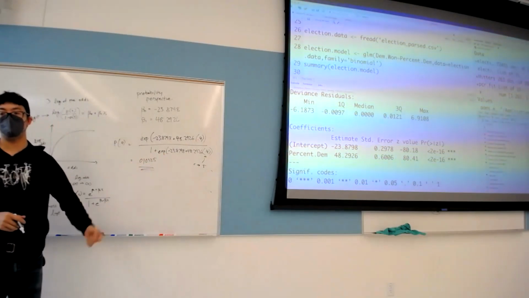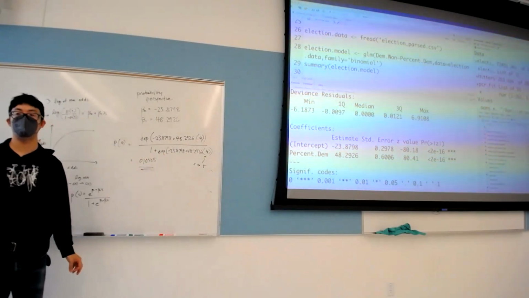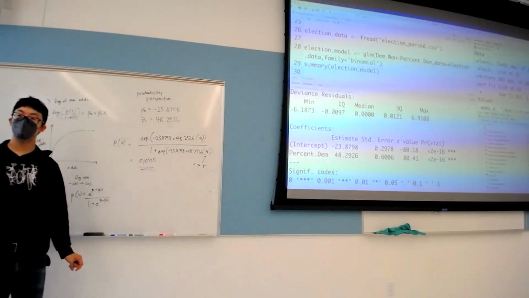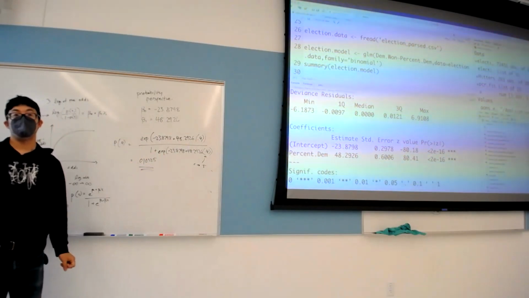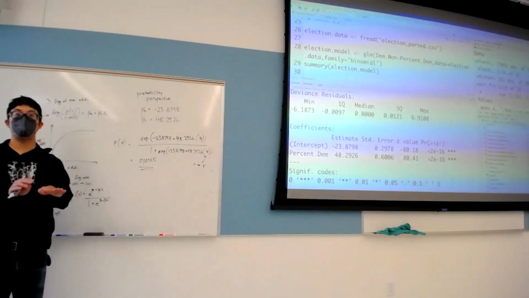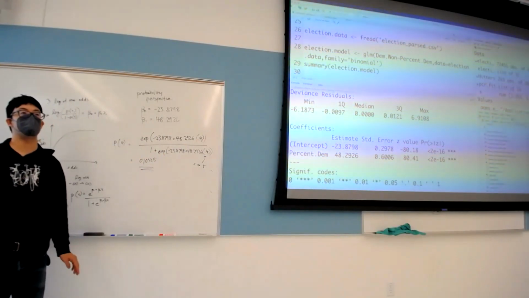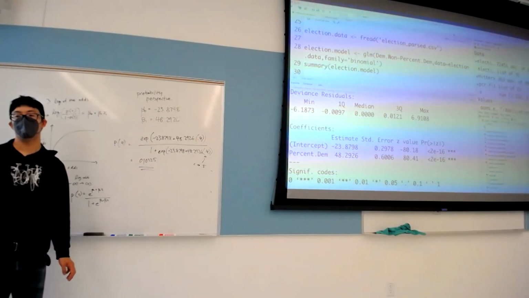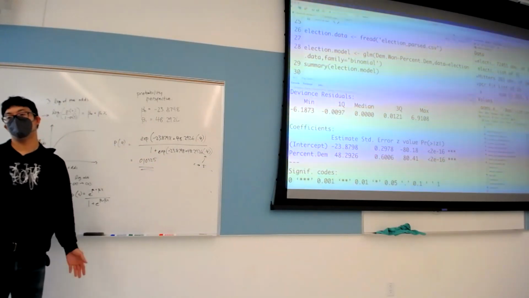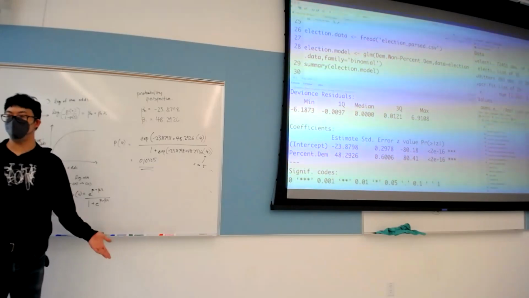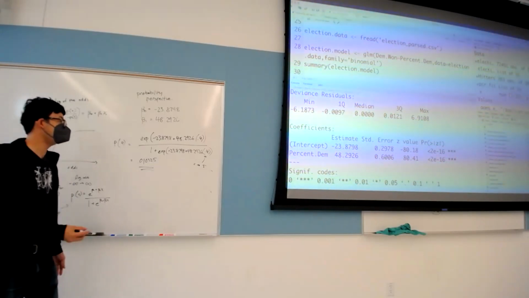In the context of this problem, what do you think the outcome might look like? Generally, if there's 50% Democrats, 50% Republicans, what do you think the probability that Democrats win would be? Close to 50-50, right? That's pretty logical.